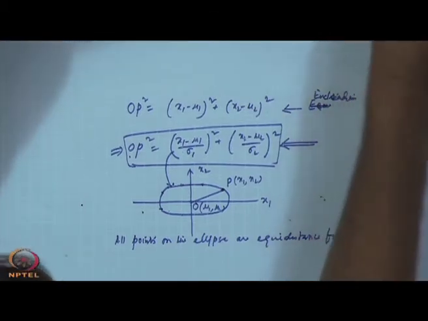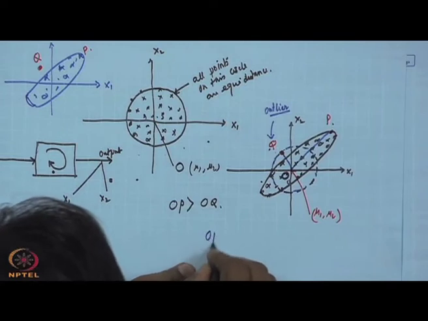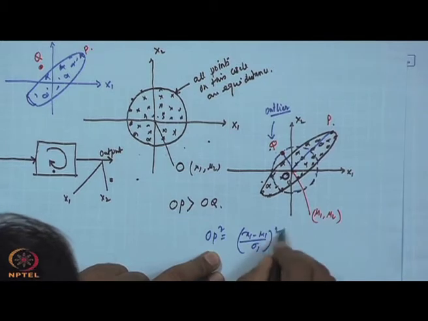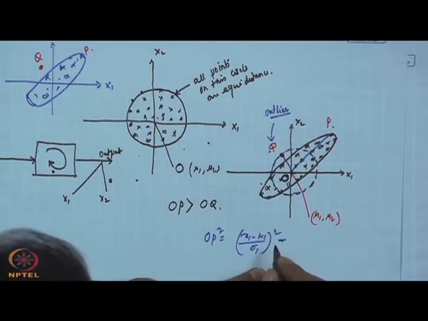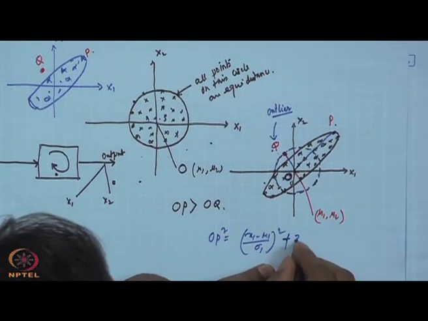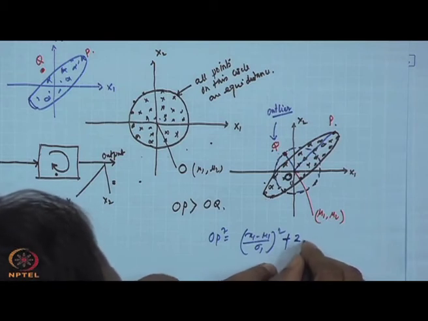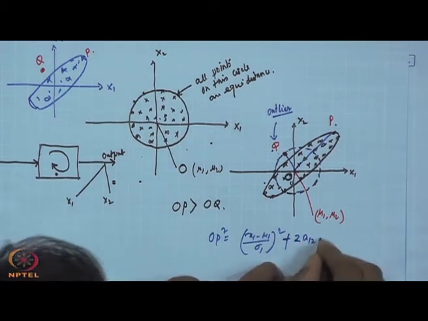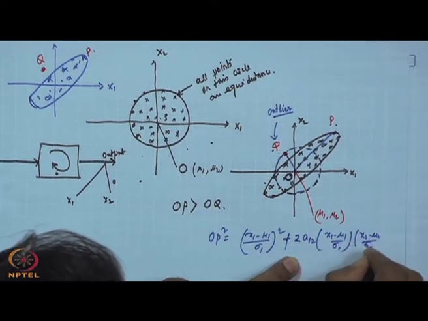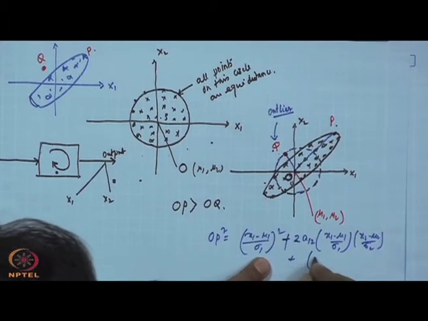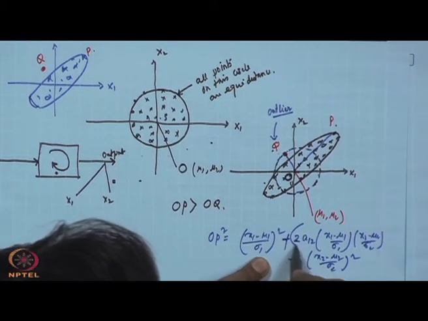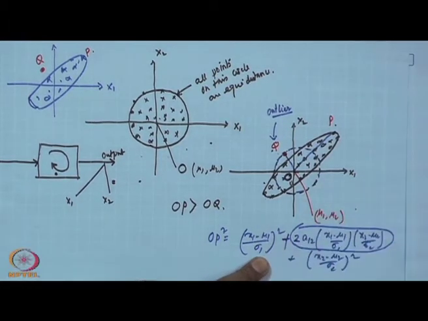If you take this ellipse, what will happen? Your OP square, you can write x1 minus mu1 by sigma1 square plus some constant, let it be a12, times x1 minus mu1 by sigma1 times x2 minus mu2 by sigma2, plus x2 minus mu2 by sigma2 square. This is the covariance part between the two variables.